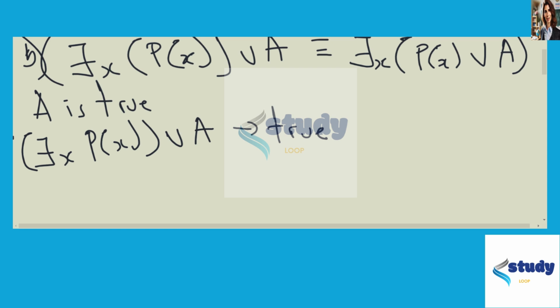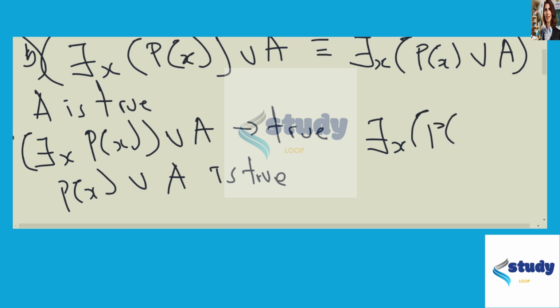So similarly, if P of x disjunction A is true, then there exists some x, P of x disjunction A will also be true, making them equivalent.